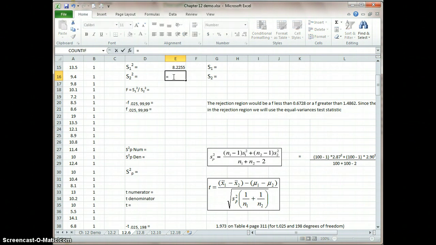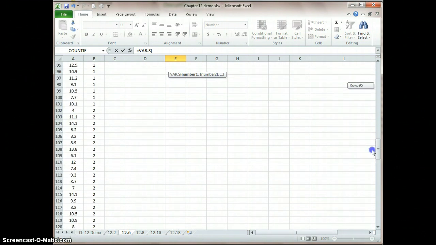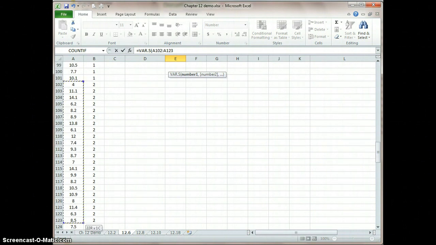And now equals VAR. So again, we're going to do the sample, but now we're going to scroll down and get the distances, but for females. So we'll start in cell A102 and go down to A201.